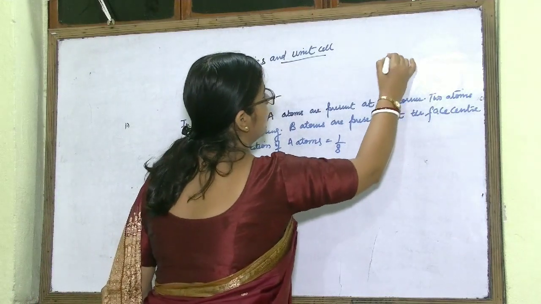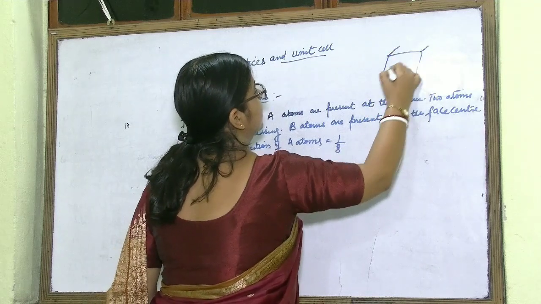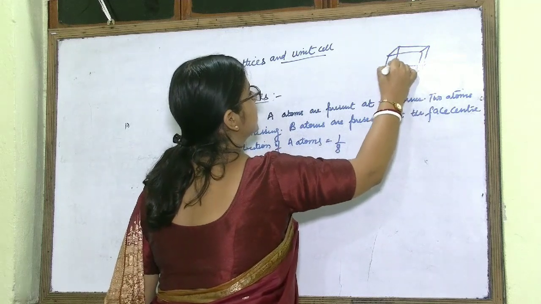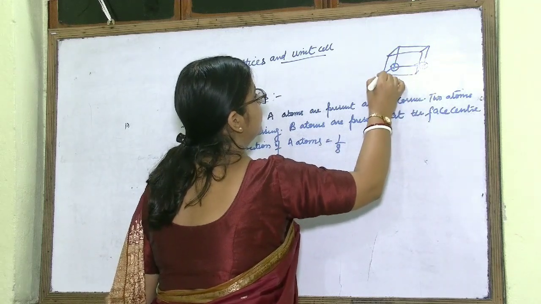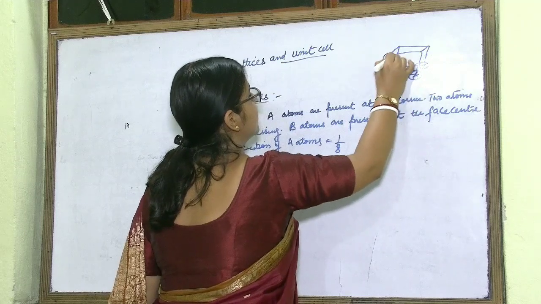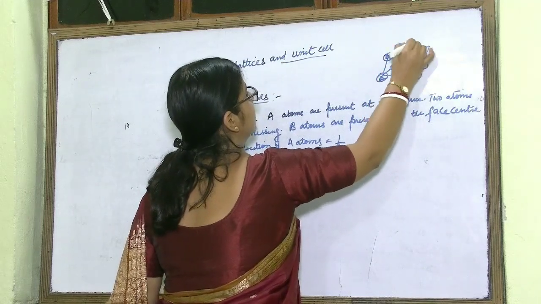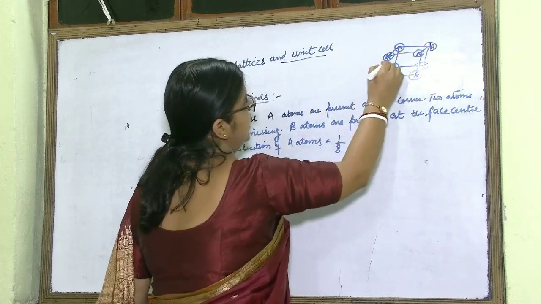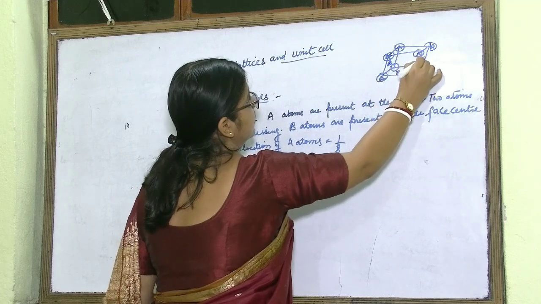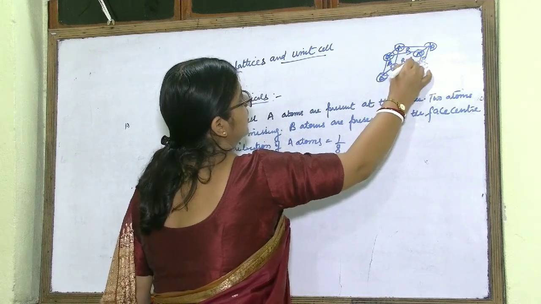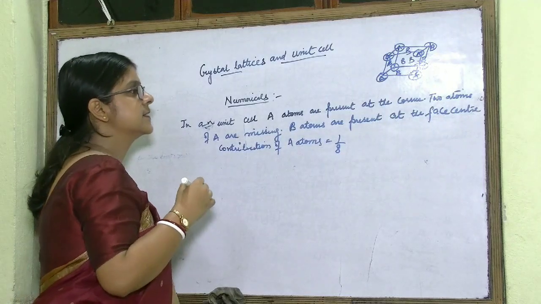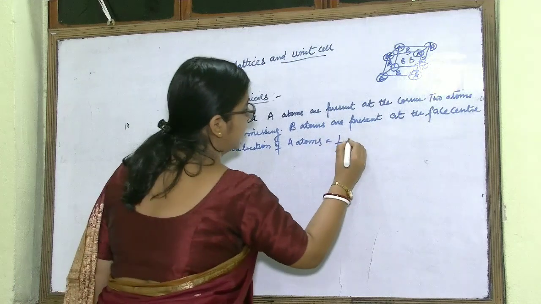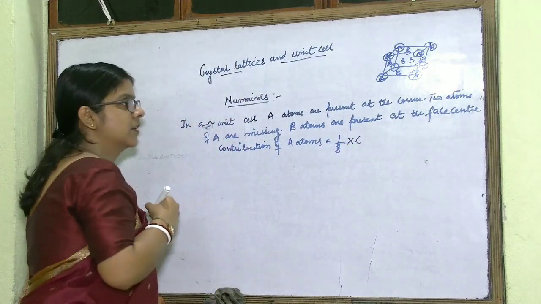Now there is a problem in this case. At 2 corners there are no particles of A. Particles of A are present at only 6 corners and B is present at 6 faces.